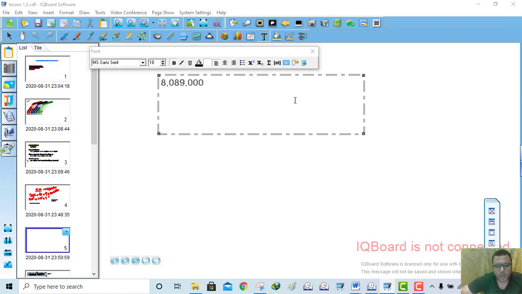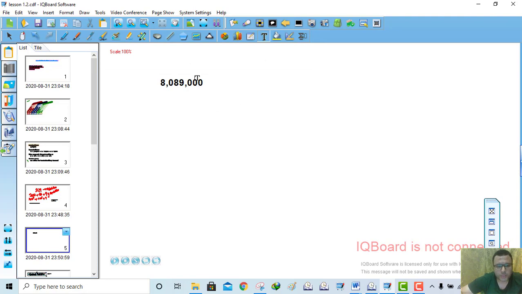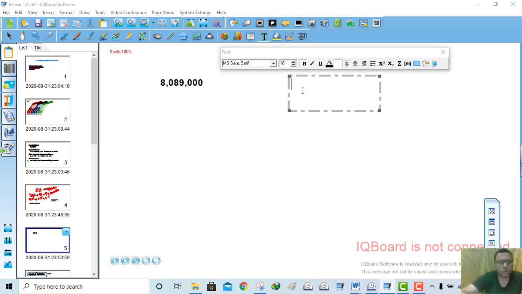If we need to read this number, here we have ones, here thousand, and here millions. So 8,000,089. This is called which form? Standard form.